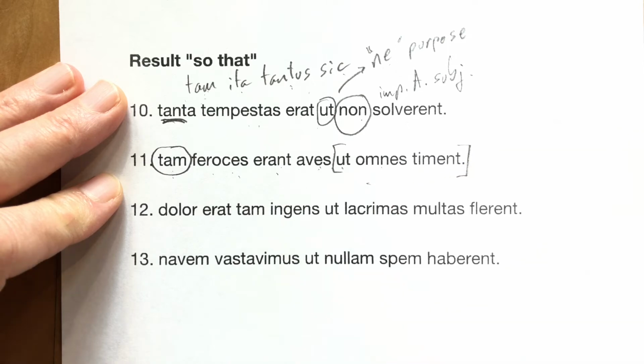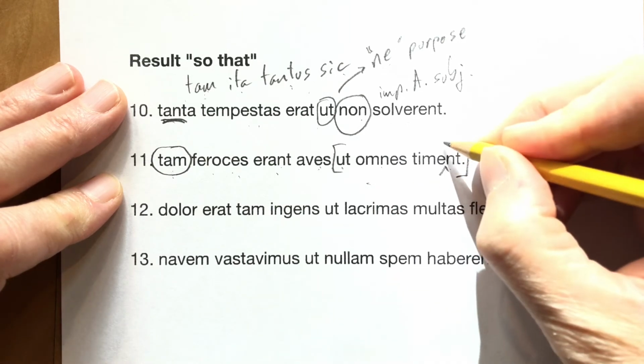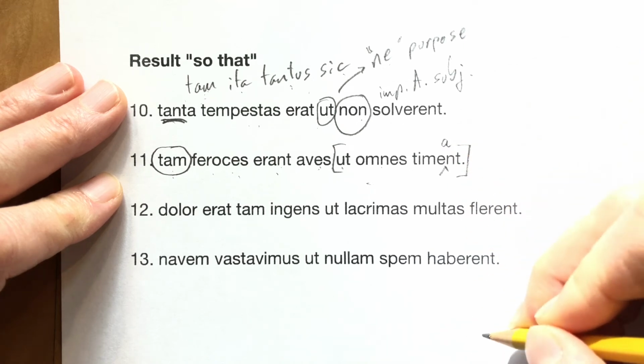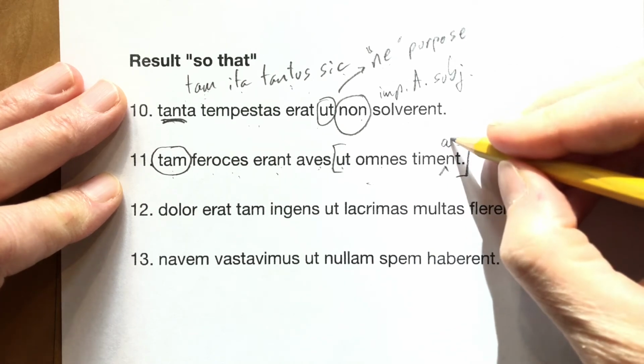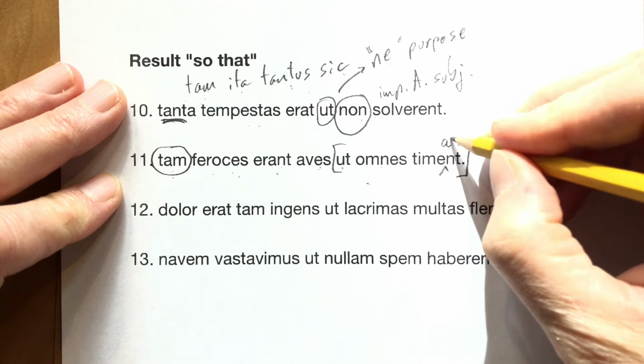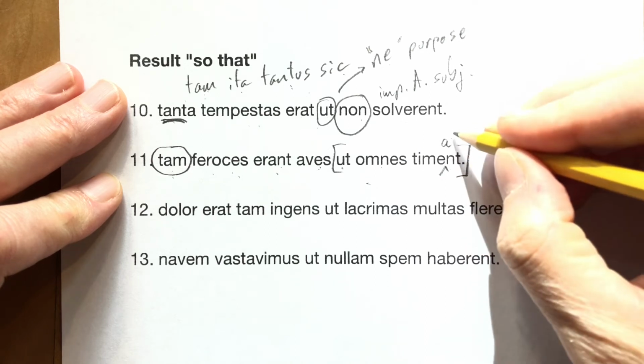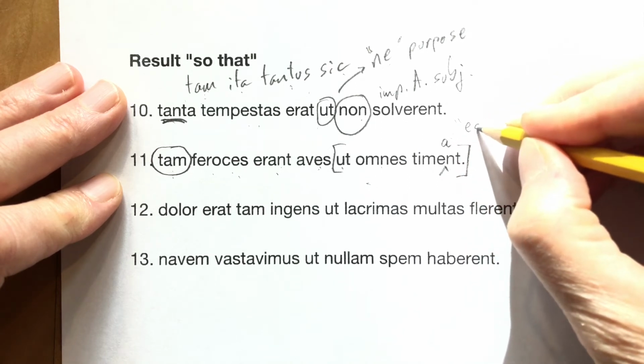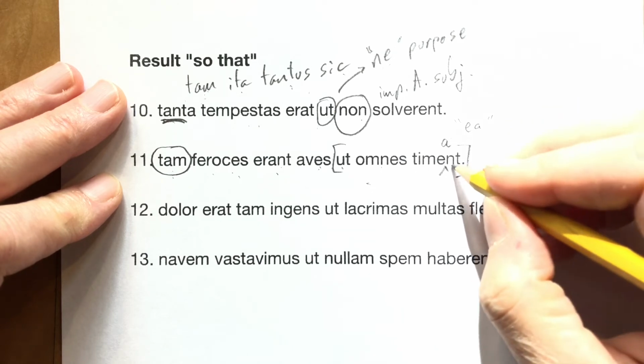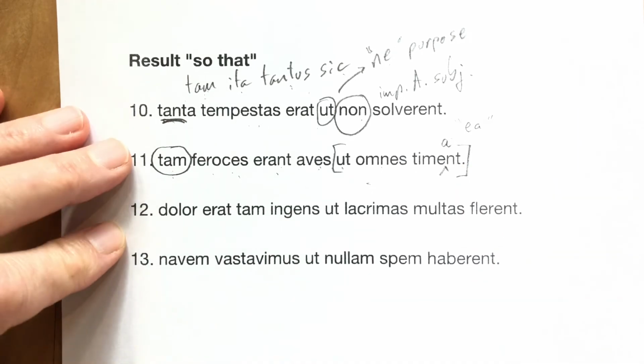Everybody feared them. Here's a typo. This should be timeant, because we know timeo's second conjugation, so it's the ea. Sorry about that typo there. Just wanted to point that out.